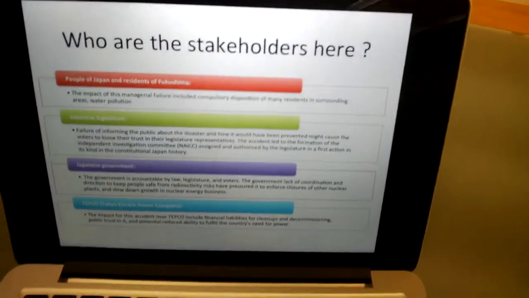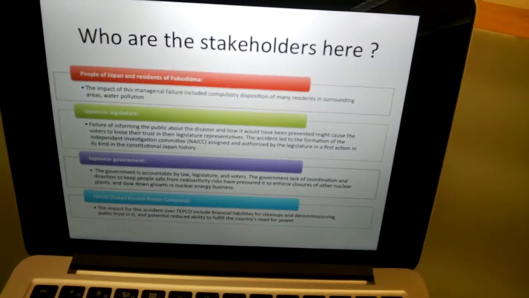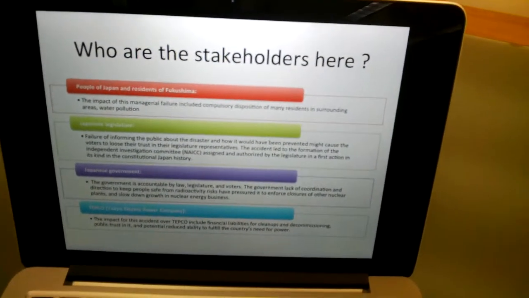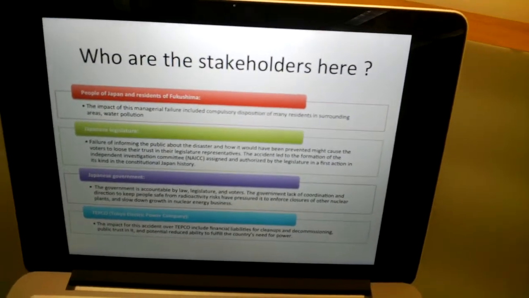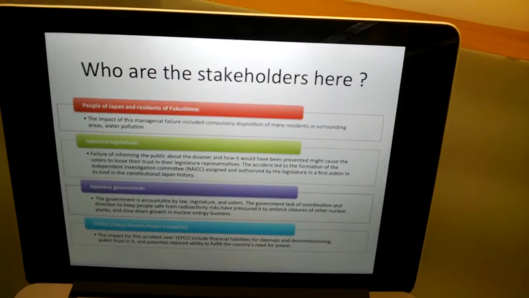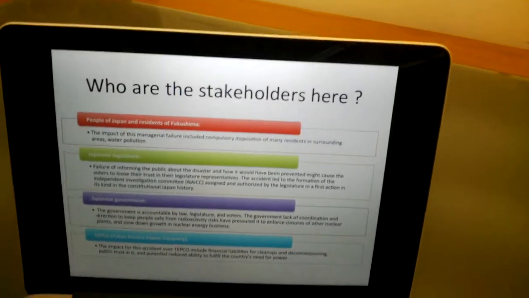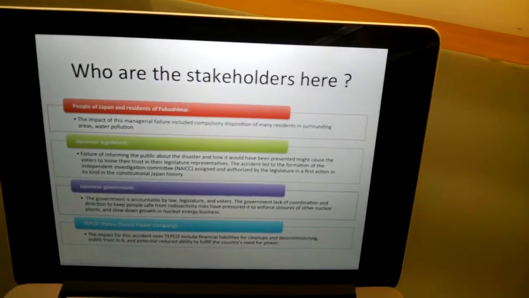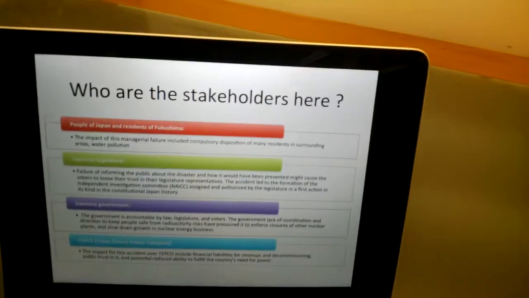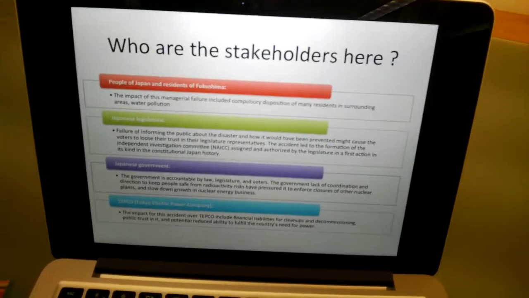Along with that, we have the Japanese government. The Japanese government is a stakeholder that was influenced by the energy lobby and energy corporations on one side, but on the other side, it was influenced by energy security, environmental concerns, and people's concerns.